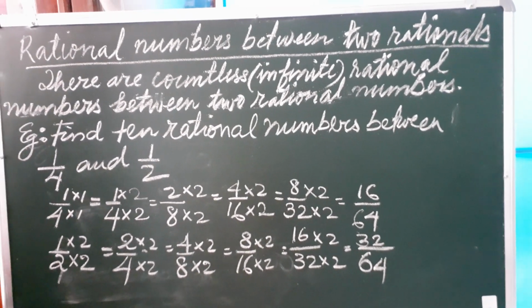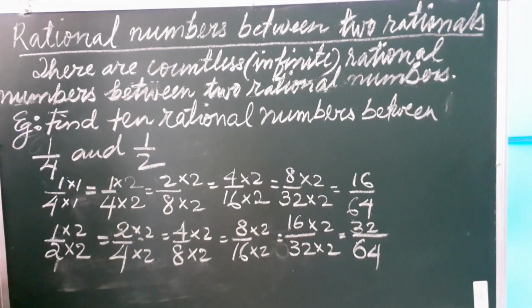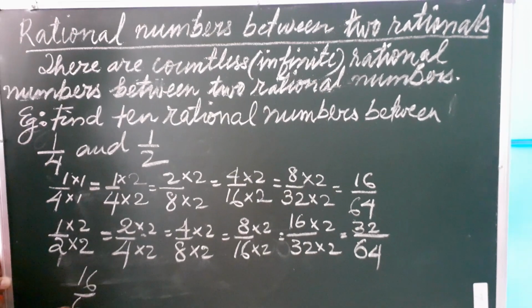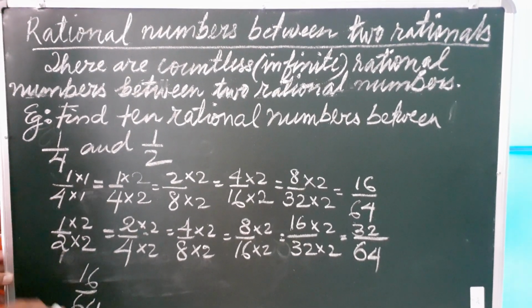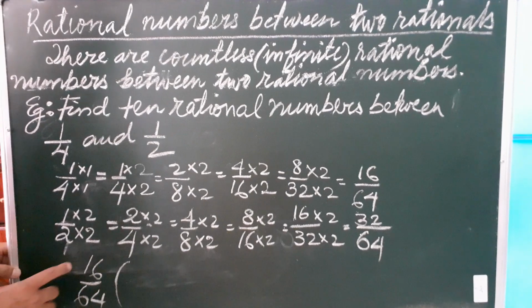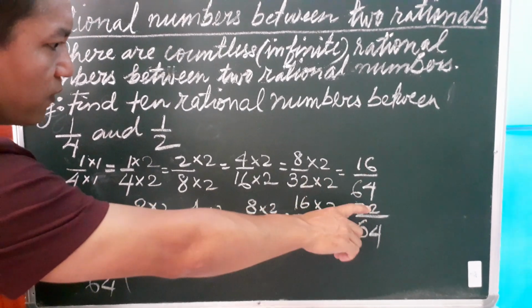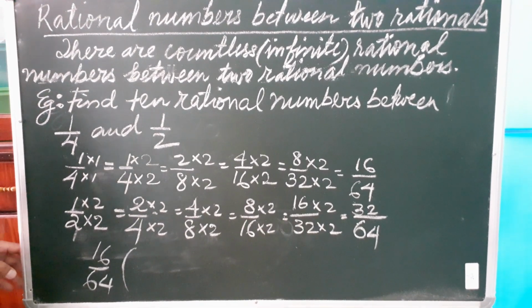So the 10 rational numbers between 1 by 4 and 1 by 2 will be, it starts at 16 by 64, which is the same as 1 by 4. Between 16 by 64 and 32 by 64, there will be more than 10.